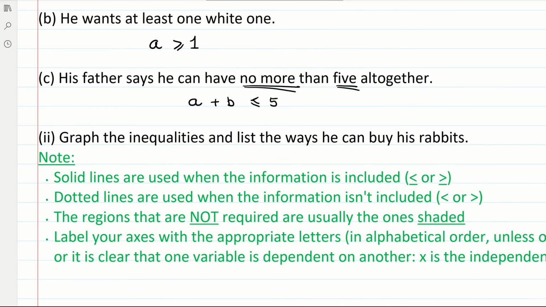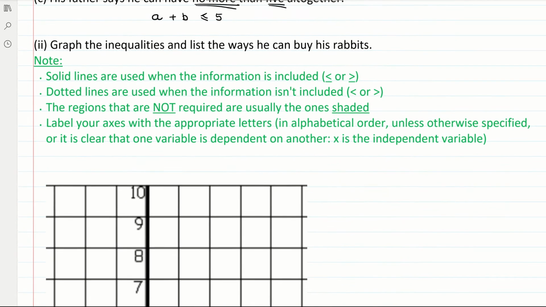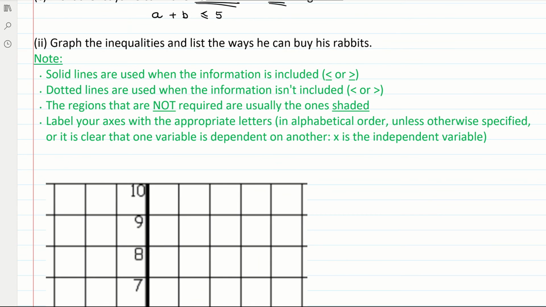So let's just remember, when we are graphing these inequalities, they are straight lines, and solid lines means that the inequality has an equal. Dotted lines is when the inequality is less than or more than, it doesn't have an equal sign. For add maths, you must shade.